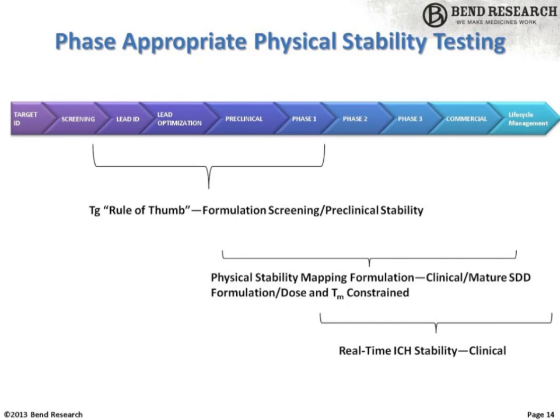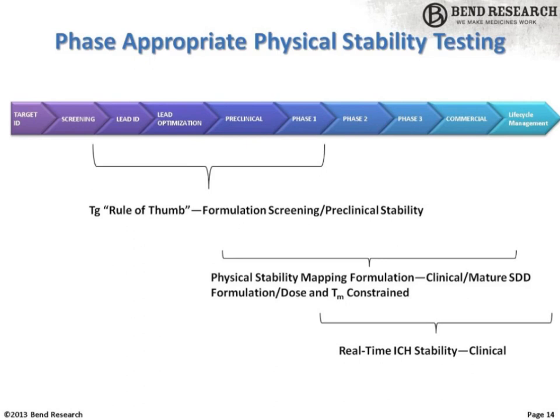And so what we've developed over time is in early phases, so as you go from screening even to the early clinic, is a rule of thumb based on the glass transition temperature versus the storage temperature. This, as you get into the clinic, is then overlapped with some physical stability mapping, where you start looking at some purposefully crystallized material.